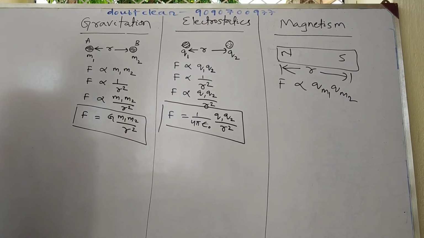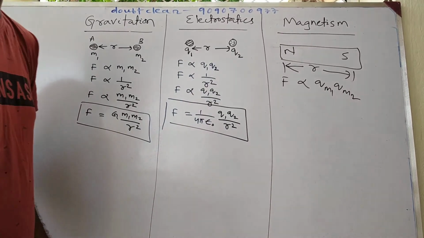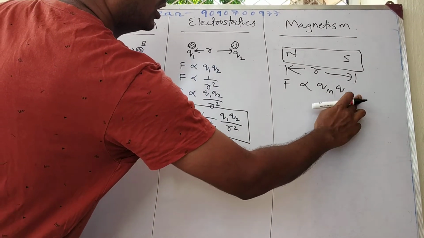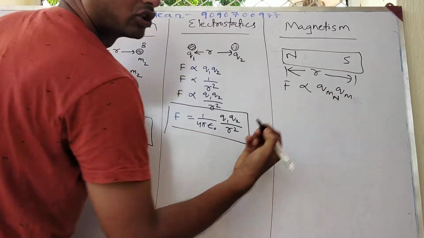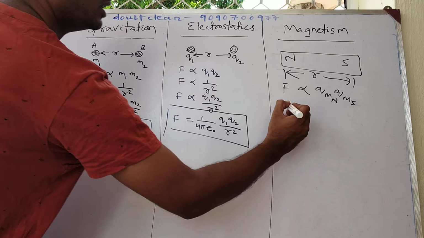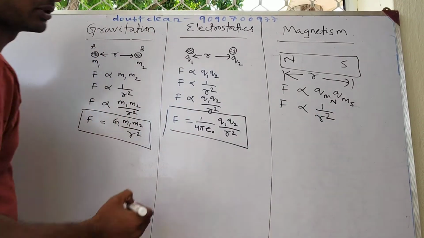I am taking Qm1 as the pole strength of the north pole and Qm2 as the pole strength of the south pole. Or for convenience I can write Qmn, the pole strength of the north pole, and Qms, the pole strength of the south pole. Similarly, force is inversely proportional to the square of the distance of separation.